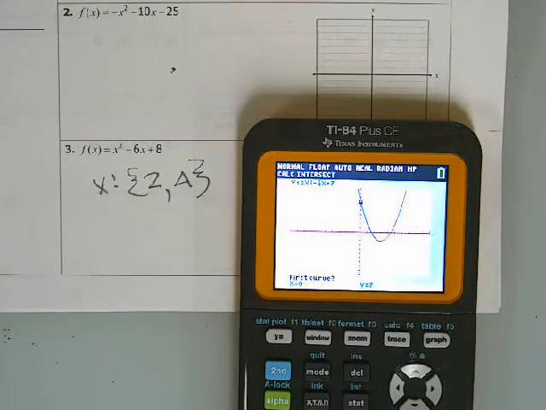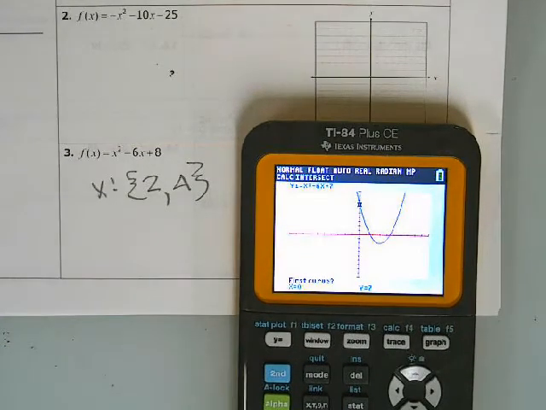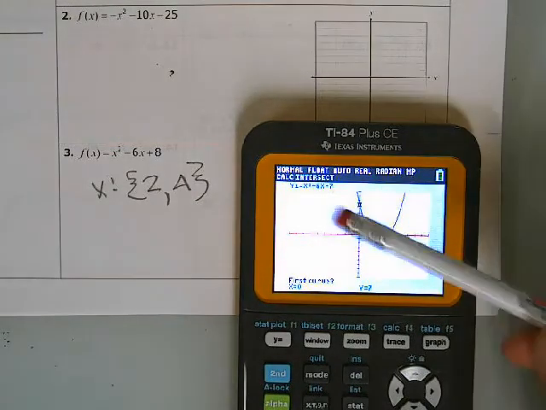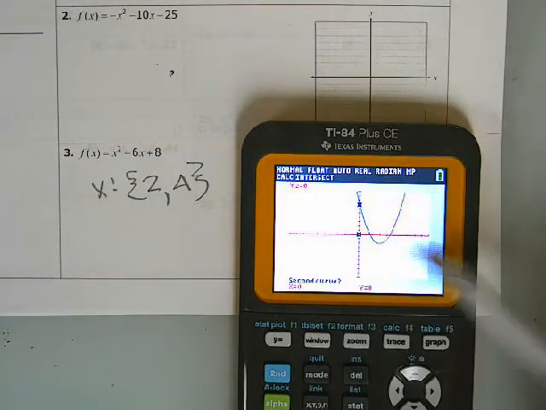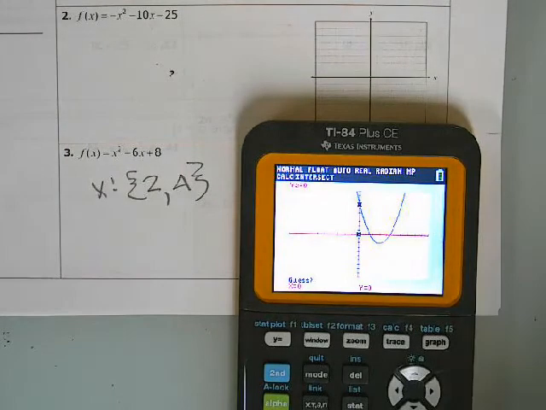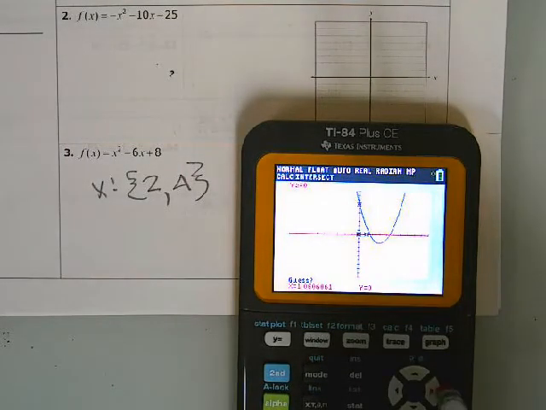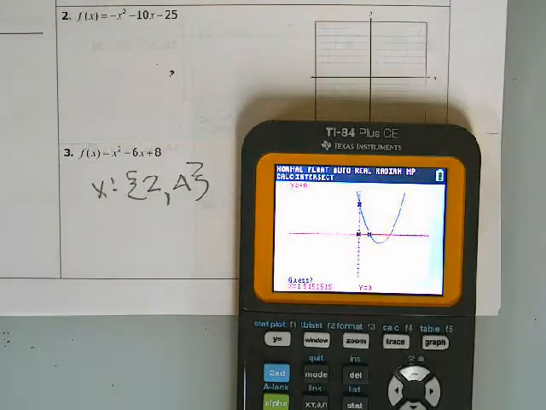Okay? And it asks me, what is the first curve? So what is the first equation that I'm evaluating? And it already says y1, which is what I want. And then it says, what's the second equation? And that is the y equals 0. So that I'm good with that. I want to know where those two cross, and then it says approximate. So I'll move my cursor over there to that first point.